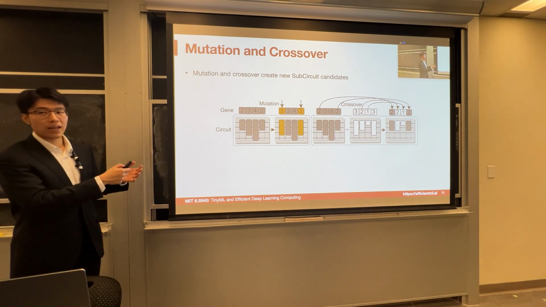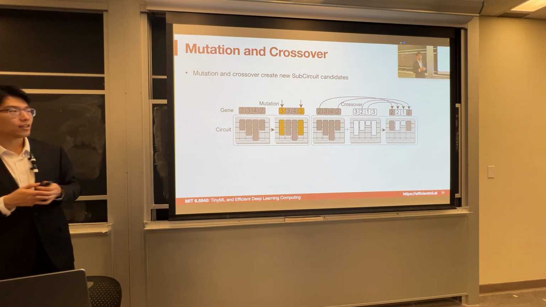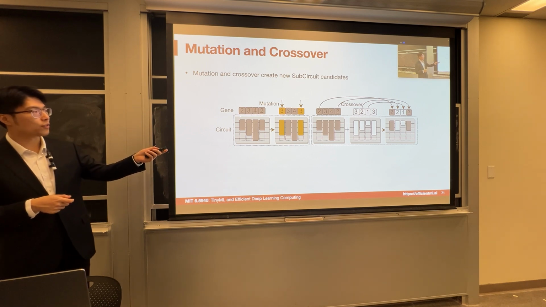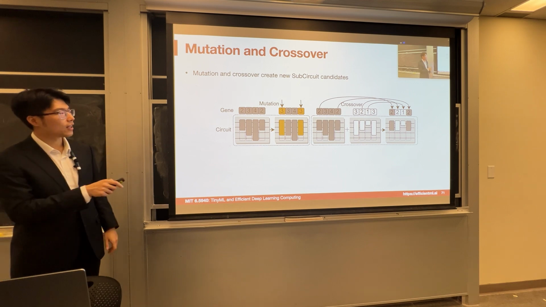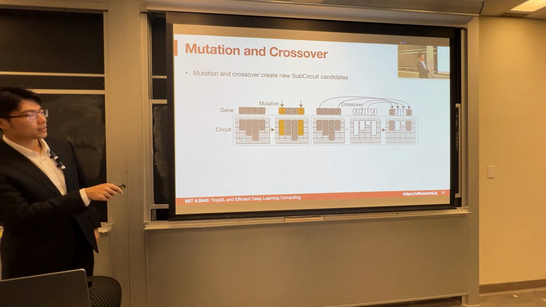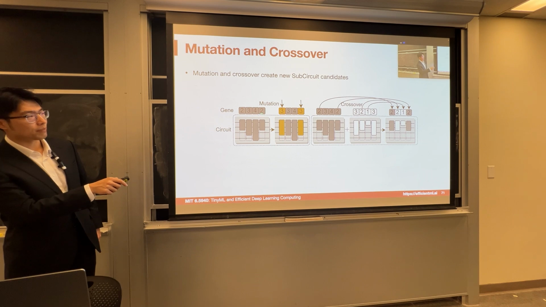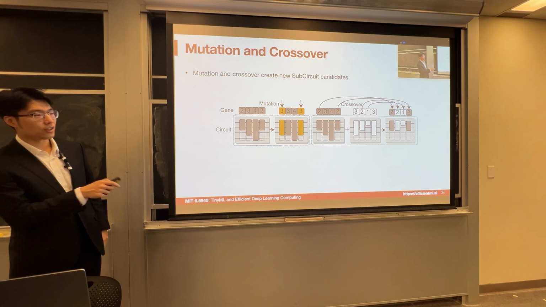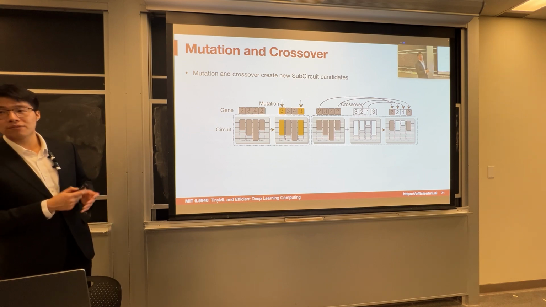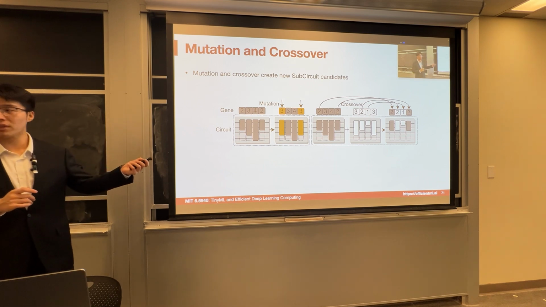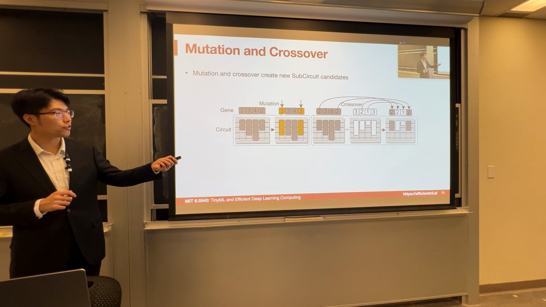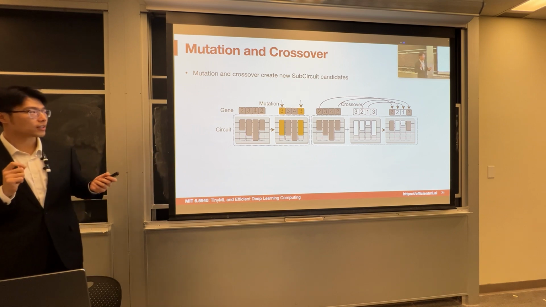Not sure if you're familiar with evolutionary search, but the basic idea is that we have the gene here to represent the current status of the candidates. Say we have different numbers of layers, we can use some numbers to represent the structure. The first way to explore the space is mutation, which means we can just change some of the elements in the gene, right?